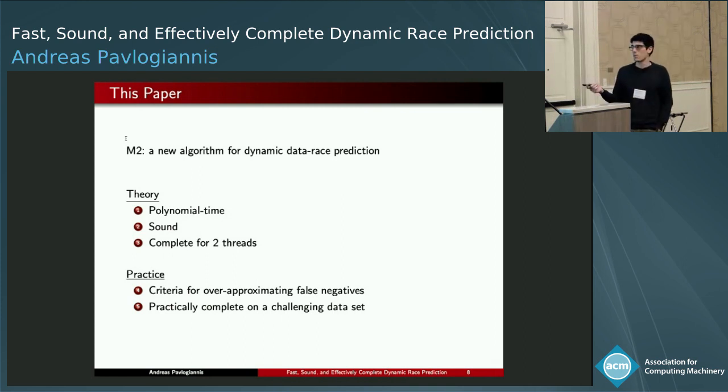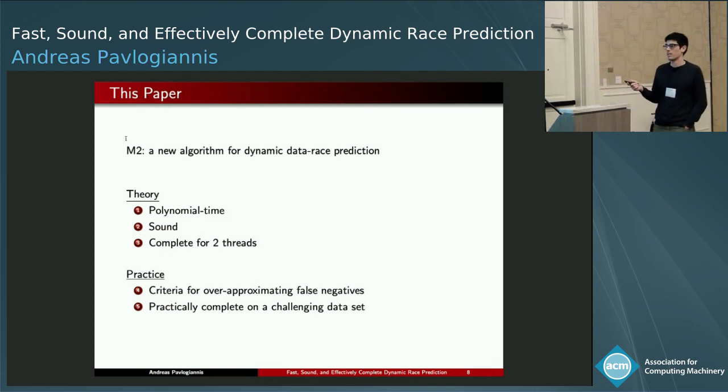And to mitigate this problem, we're also developing some criteria for over-approximating this set of false negatives, which means that the algorithm can draw your attention to the part of the input for which it is uncertain. And finally, we have some interesting experiments which show that the algorithm has potential.